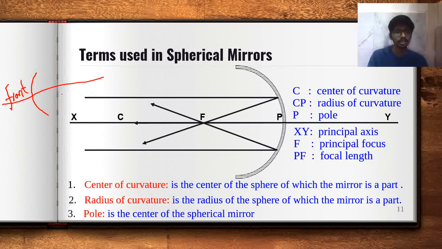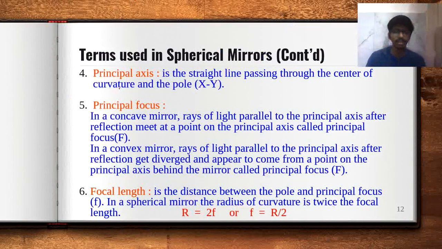In the case of a convex mirror, the center of curvature and focus will be behind the mirror. Remember this basic point: the center of curvature and focus are in front of the mirror in a concave mirror, but in the case of a convex mirror, they will be behind the mirror.